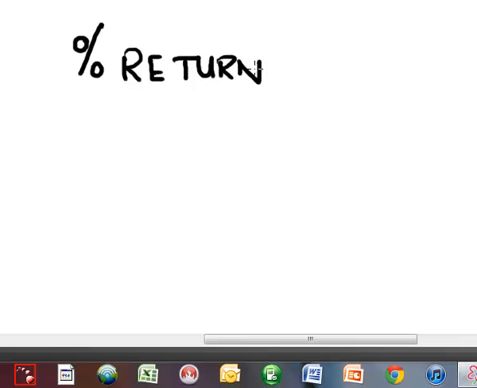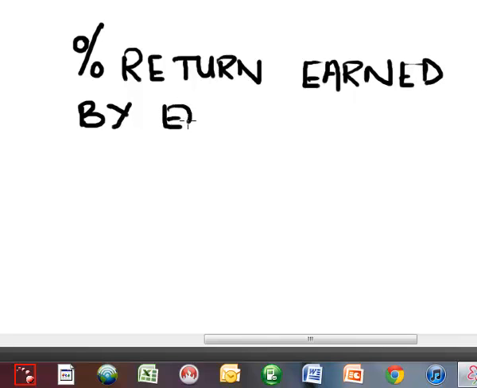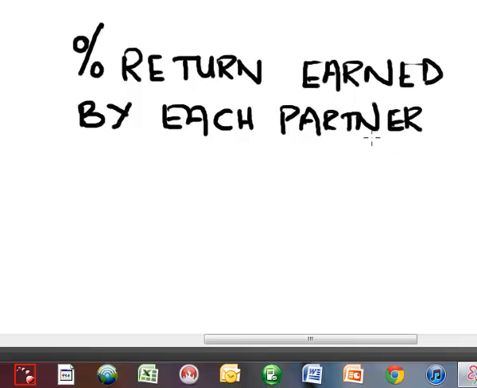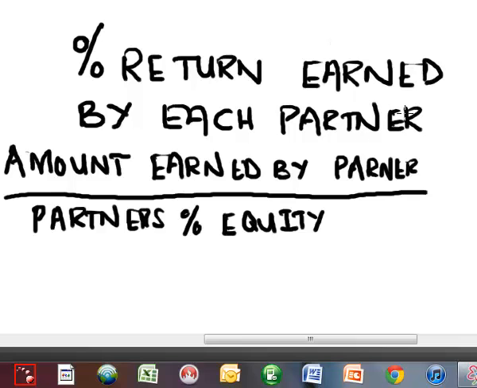earned by each partner. Now let us look at this indicator.